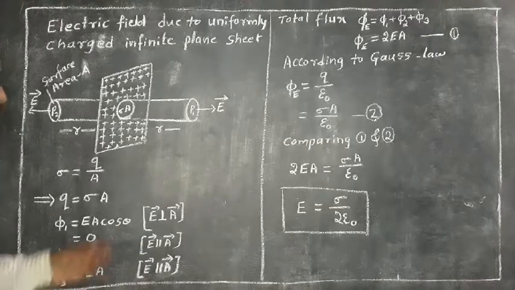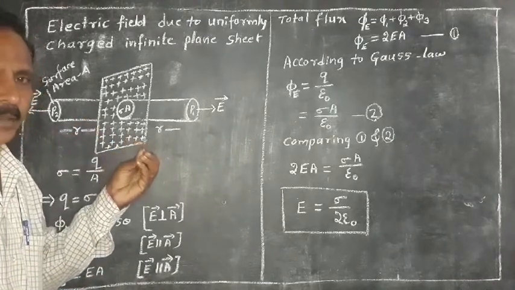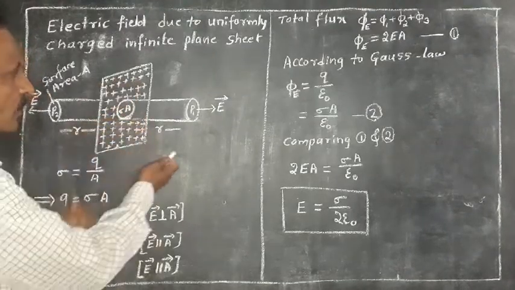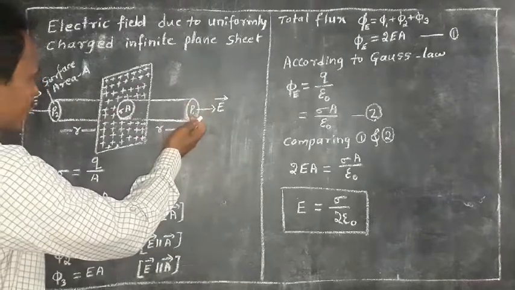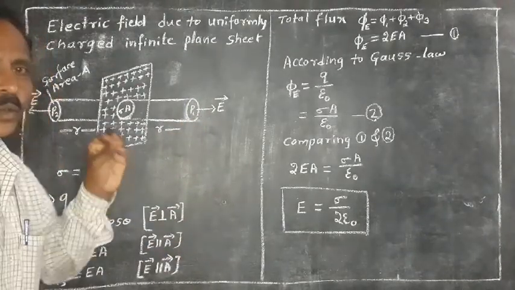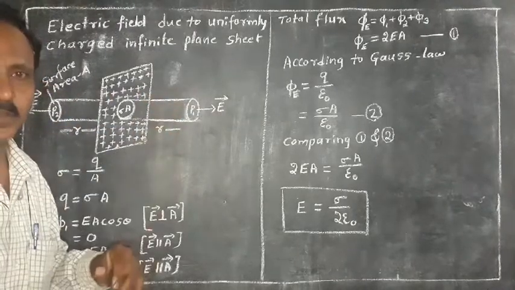And now we have to estimate the flux through the curved surface, first plane surface and second plane surface. Then we get the total flux through the Gaussian surface.